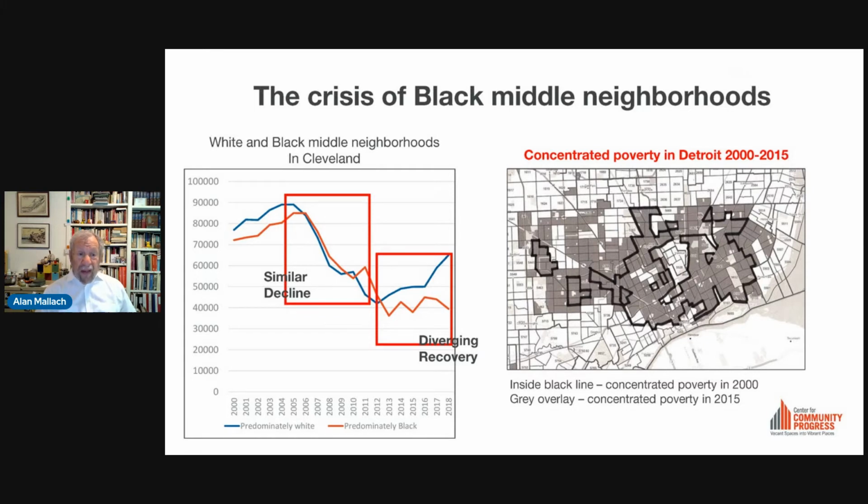And the biggest thing that happened was the subprime crisis. And this is where the neighborhoods that the subprime lenders really focused on were not the concentrated poverty neighborhoods.